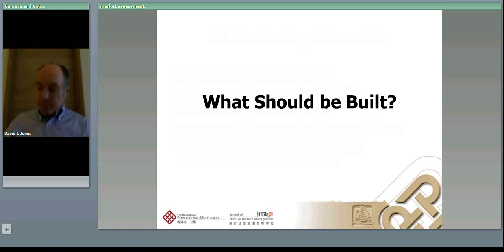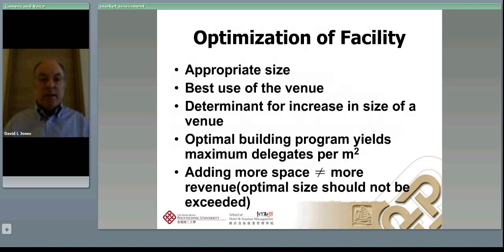So, thinking about all these things, the question is, if we feel through all of these aspects, perhaps using the prudent navigator aspect, what should be built after we think about whether it should be built, whether it's feasible? Well, we have to optimize the facility. We have to make sure that we build the most appropriate space and the best use of the venues.